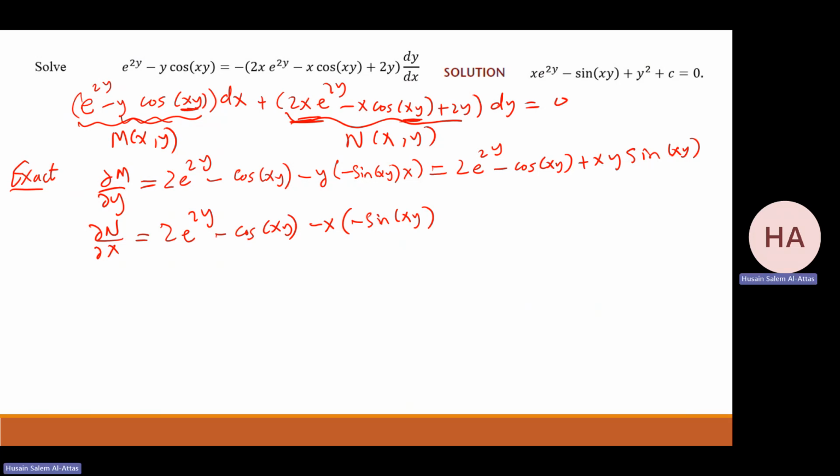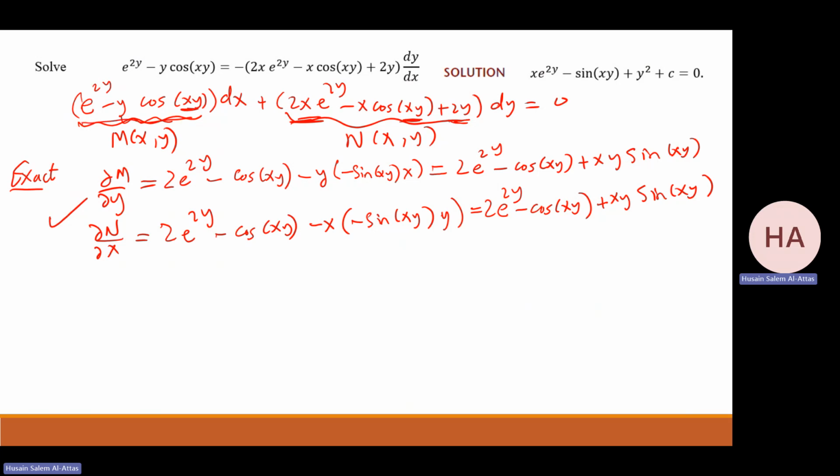That will be, I'm sorry, with respect to x, that will be y. What's the derivative of 2y with respect to x? 0. So that 2e to the 2y minus cosine xy plus xy sine xy. Very clear, these are the same. So I have an exact equation. Now we'll try to solve it.